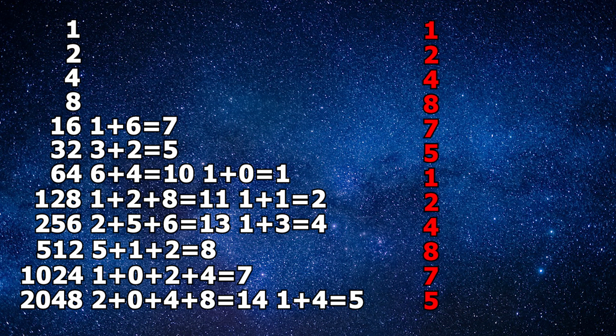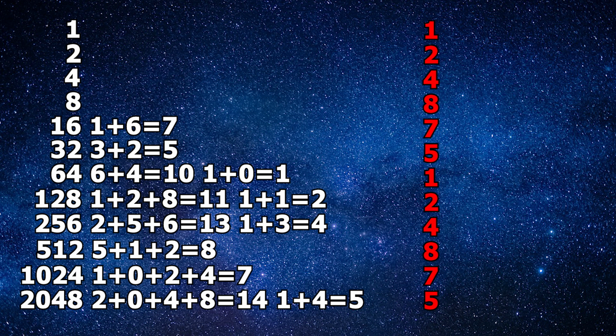You start with 1 cell, and then it splits into 2, then 4, then 8, then 16, 32, 64, and so on. So it's basically just doubling from 1. You go from 1 to 2, 2 to 4, 4 to 8, 8 to 16. Now you're at the double digits, so you go 1 plus 6, and that equals 7.